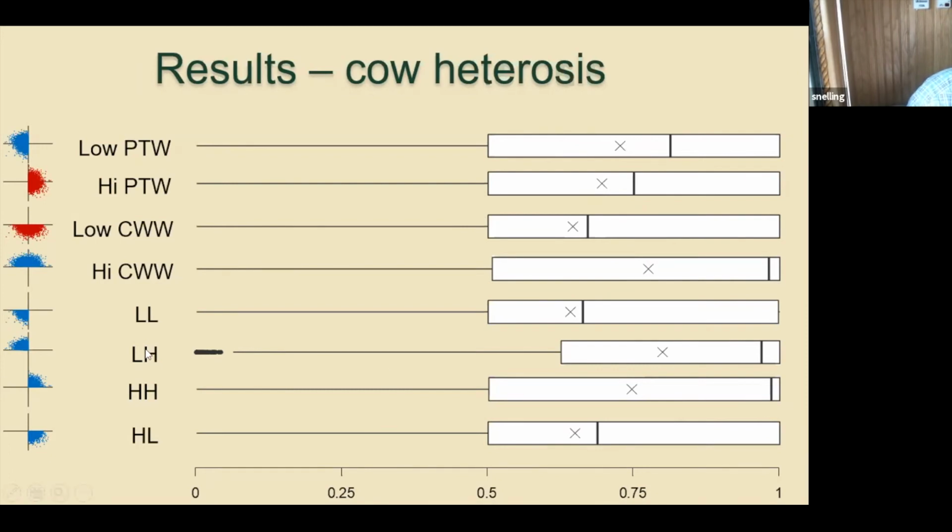But everything with the high weight weaned has that high heterosis that we don't see in the other groups.